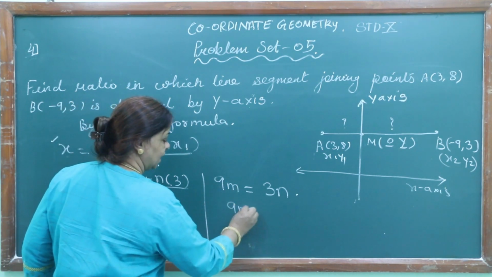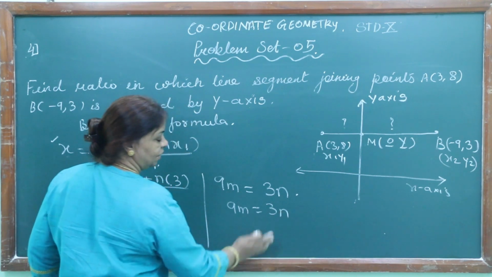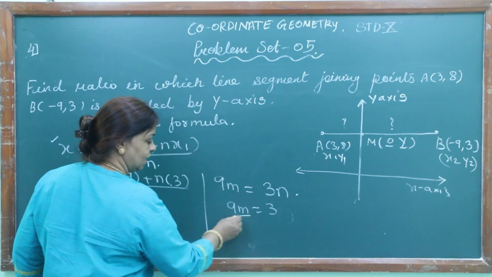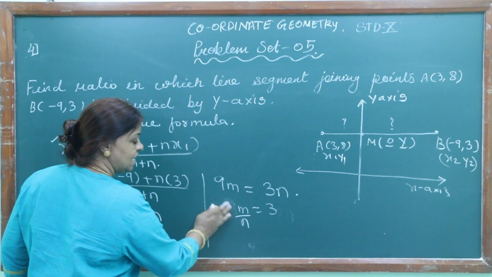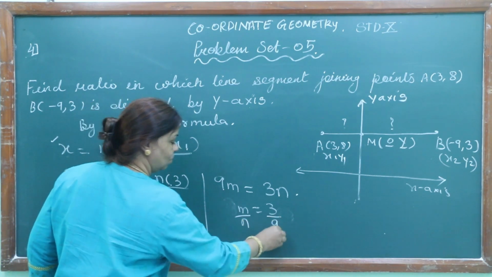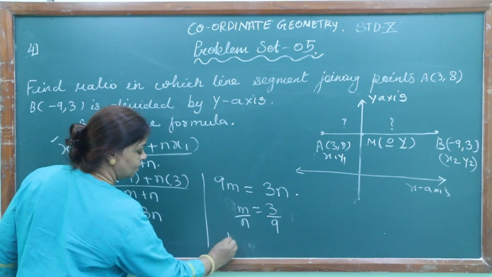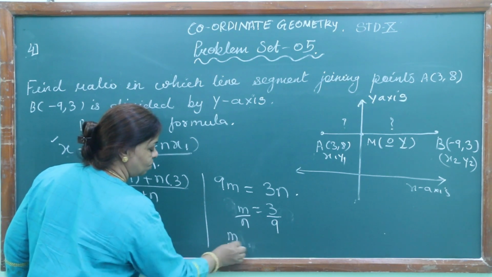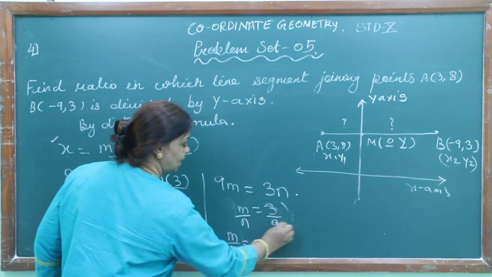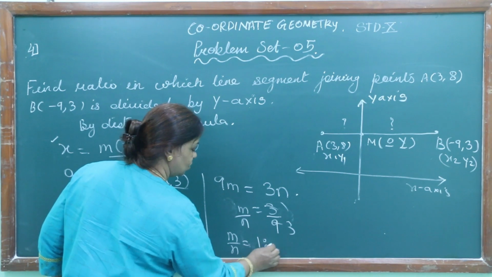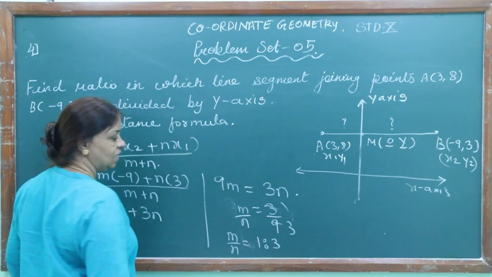So let me write again. See, I don't want n here, so I will bring it here. I don't want 9 here. Where will 9 go? 9 will go down. So m upon n is equal to 3 ones are 3, threes are 9, so 1:3, or 1 upon 3.